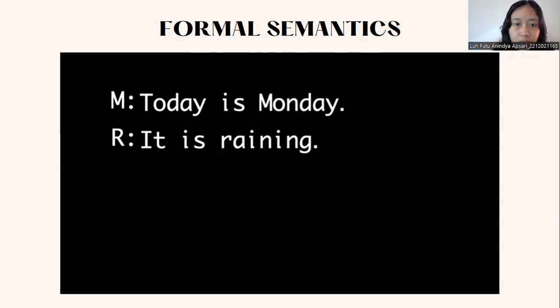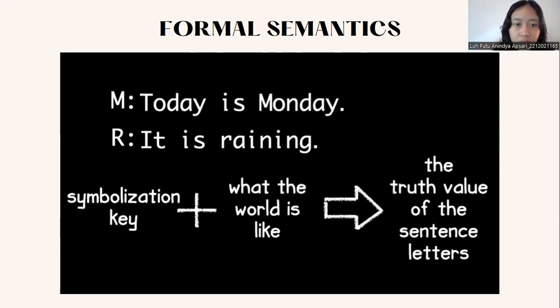Is M true? That's something I can't tell you. So the symbolization key alone doesn't determine whether the sentence letters are true or false. It depends on the symbolization key, but it also depends in a broad sense on what the world is like. What day is it? What's the weather like where you are? The only significance that the sentence letters have in SL are their truth value.